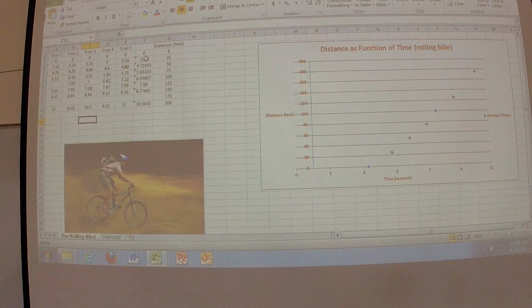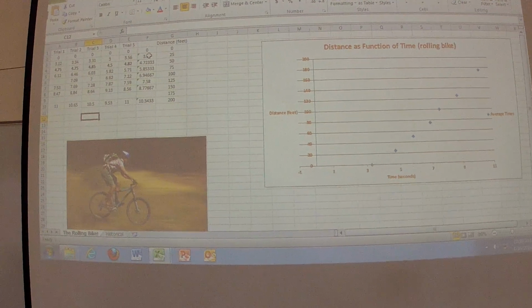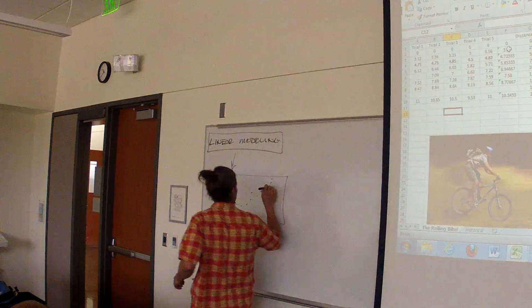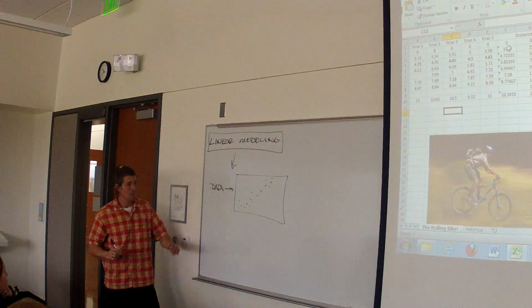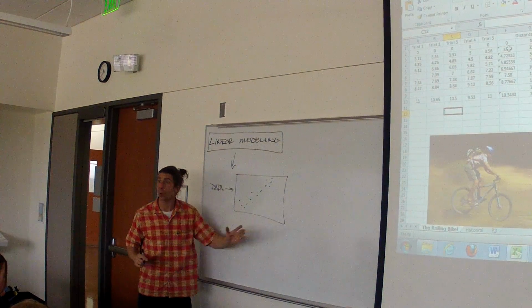So linear modeling implies that your data looks something along these lines, where you may have some noise in the data, but essentially it's heading upward at a constant rate, or downward.